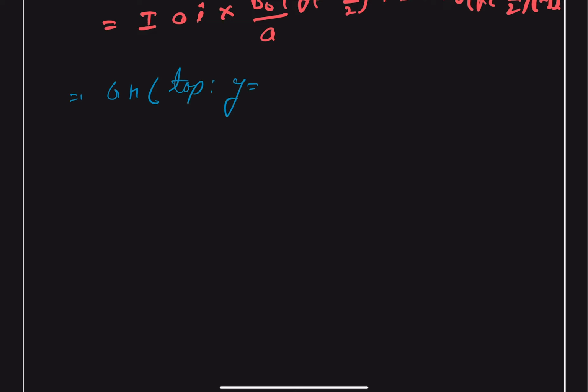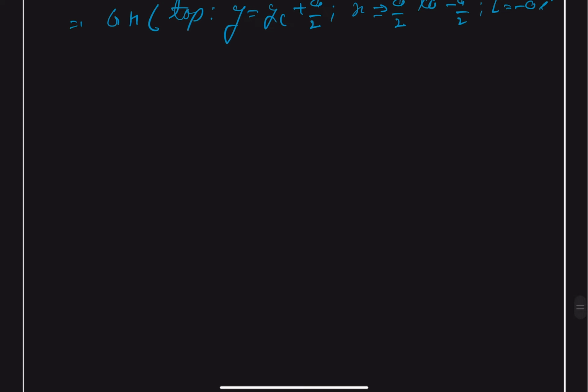So Y is equal to YC plus A by 2, and X is from A by 2 to minus A by 2, and here the side will now be minus A I. So once again the magnetic field will be B naught, substituting the value of Y, YC plus A by 2 divided by A, K unit vector.